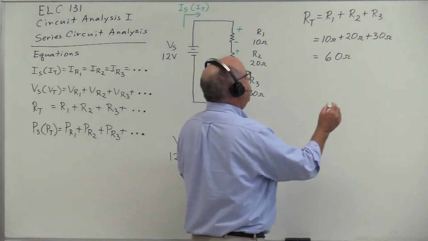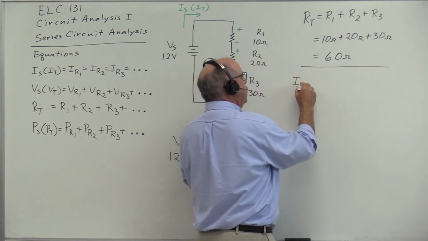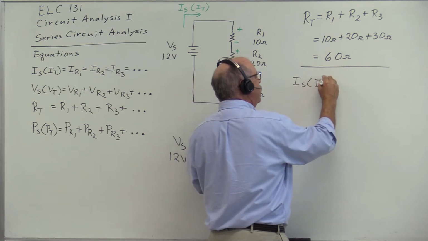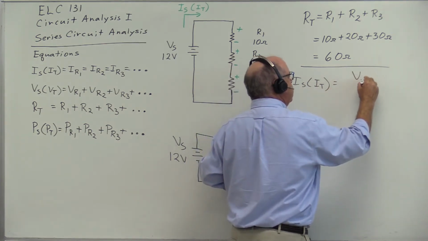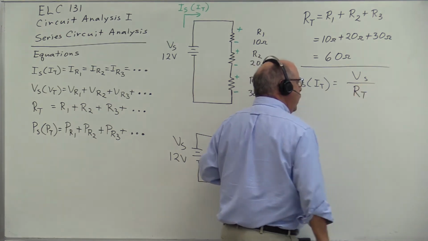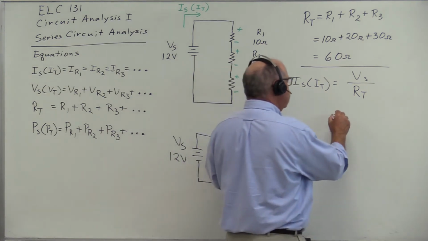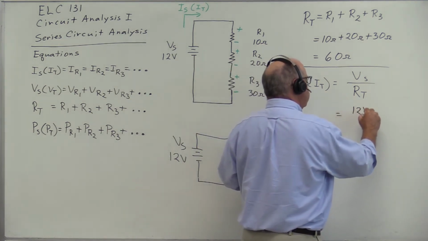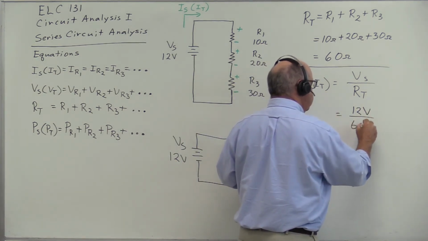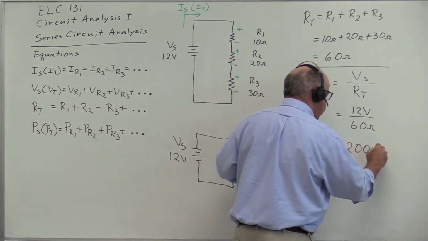So the next step is to find the source current, or the total current, which is just Ohm's law. I total equals V source divided by R total. 12 volts divided by 60 ohms gives us 200 milliamps.